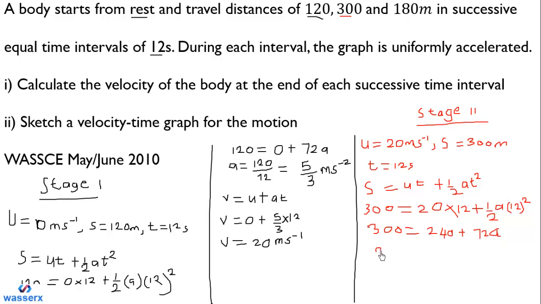Let's group like terms. 300 minus 240 is equal to 72a. So this gives 60 equals 72a. So acceleration will be equal to 60 divided by 72, and when we simplify this, you get 5/6 meters per second squared.